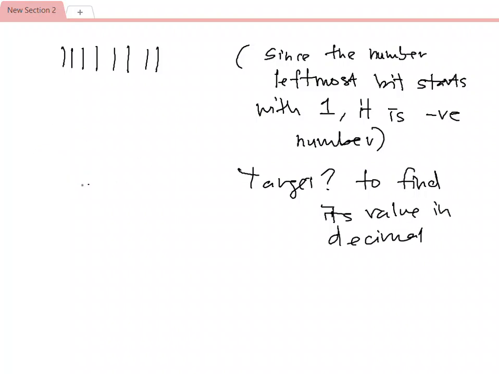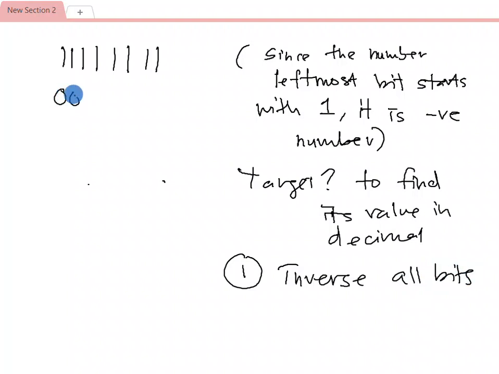This approach is for a 2's complement number, when the question mentions it is a 2's complement number. So first step, you inverse all bits. I inverse to 0, 0, 0, 0, 0, 0, 0, 0. Second step, add 1.